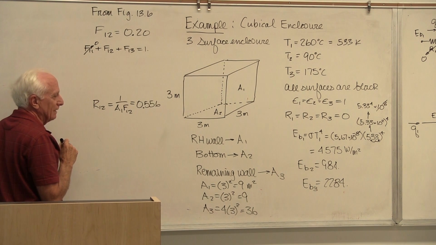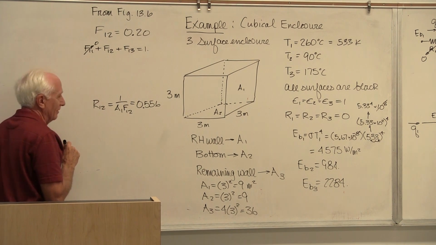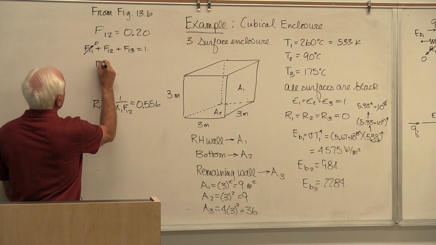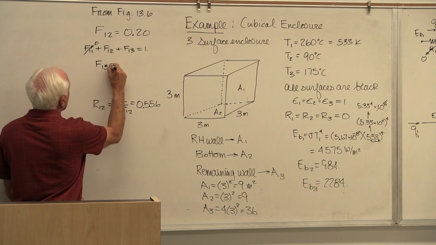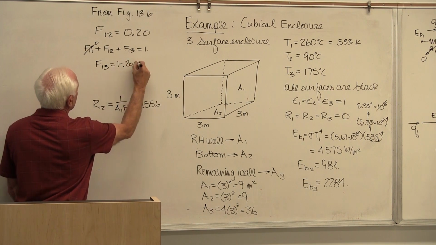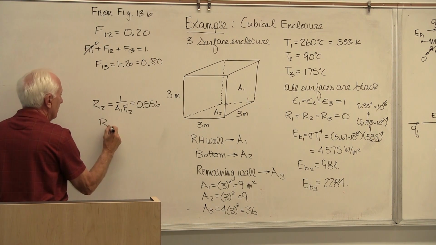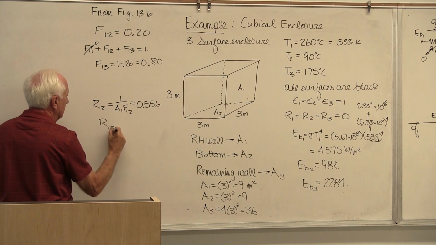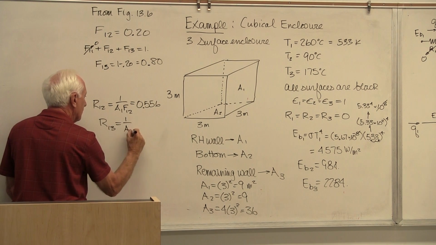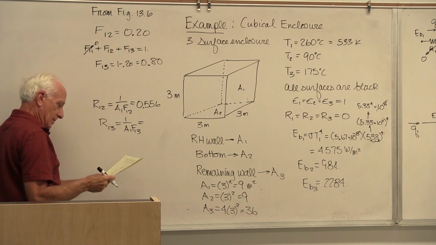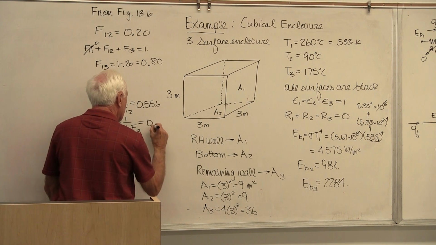Surface 3 is not plane. F33 is not equal to 0. Okay, so F13 is 1 minus 0.2, 0.80. R13 is 1 over A1 F13. Put it in there, 0.139.